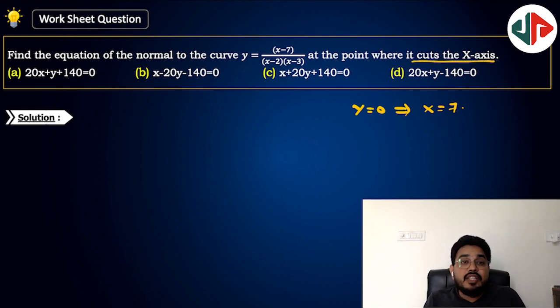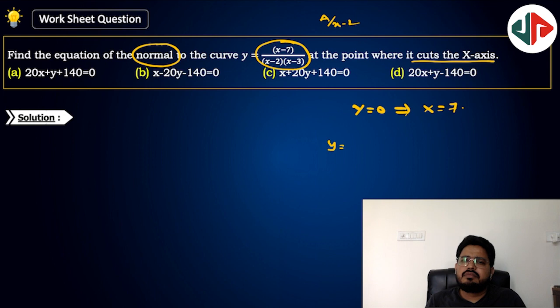No, I now want the slope of the normal, minus dx by dy. So y is equal to x minus 7 by, I don't want to go for the u by v formula whole thing. Or you can try that one also, or you can split into this one.